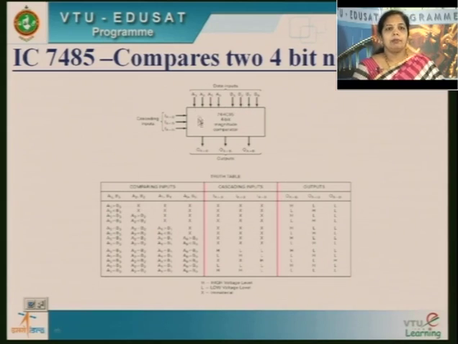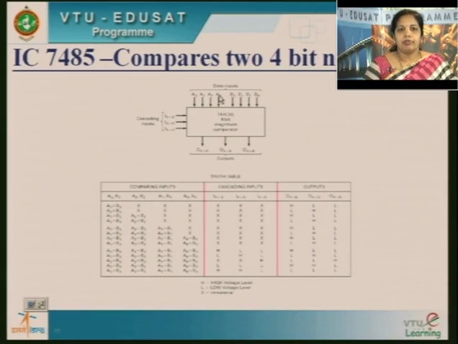I am going to compare all 4 bits of A with the 4 bits of B by these 3 operators. Based on that, I am going to get my output either high or low.